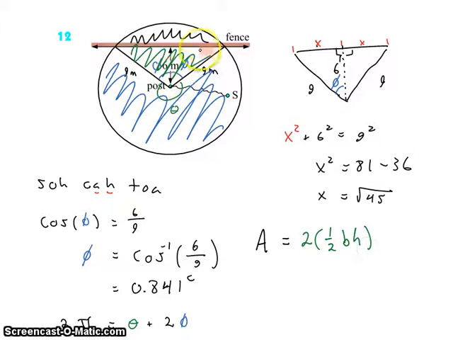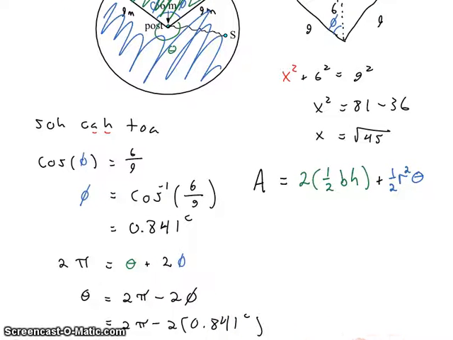So that's the area of that triangle and the area of that triangle. Then we need the blue area. The blue area is the area of this sector. And that's going to be 1/2 r squared theta.